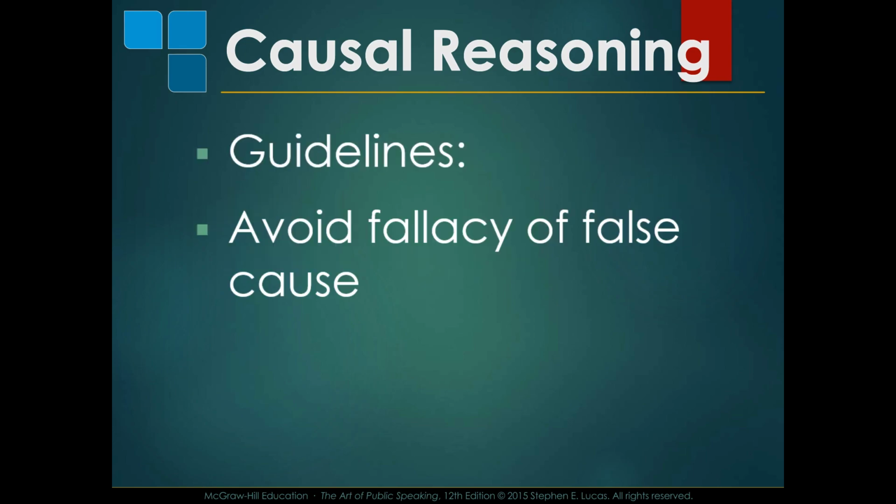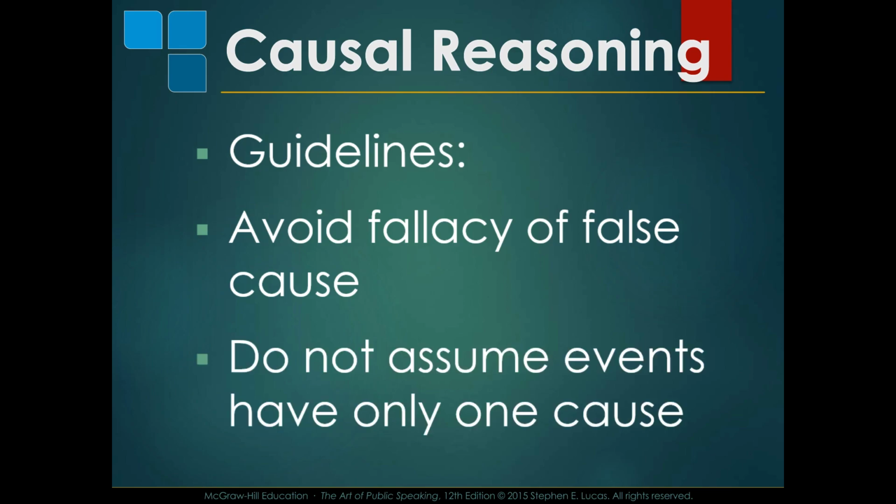But we have guidelines here as well. We want to avoid the fallacy of false cause. There was ice there, but actually there was a dog running through the neighborhood that whacked into me right as I was on the ice and caused me to fall down and slip on that ice, and recognize that it really wasn't the ice, it was the out of control animal that caused the problem.